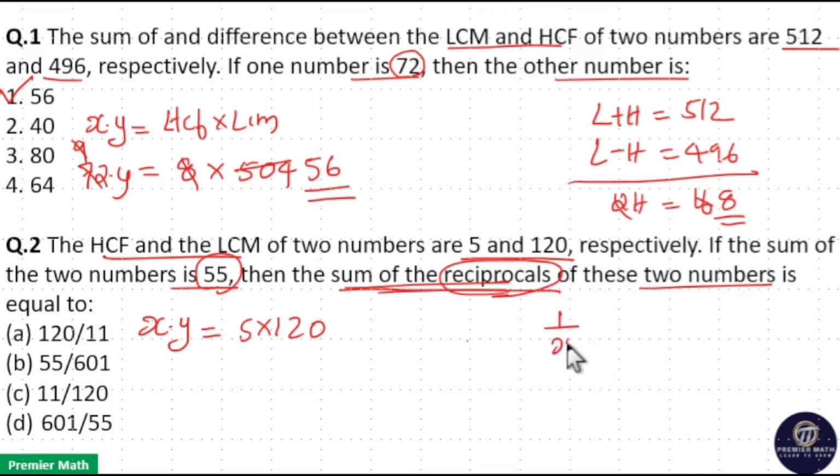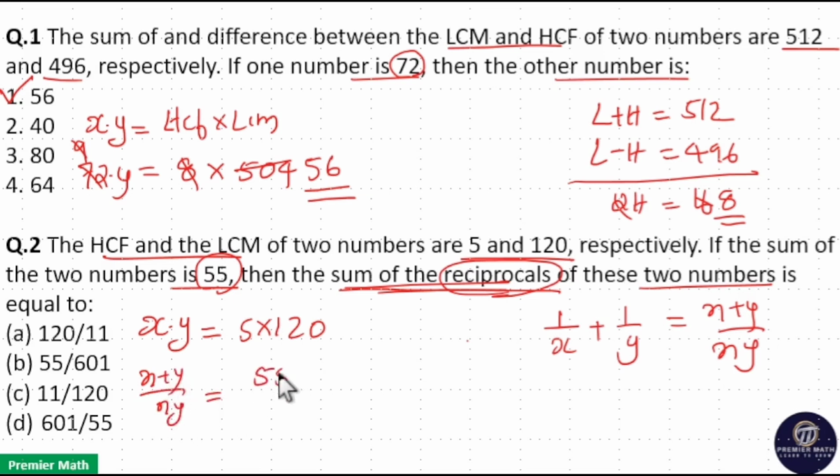So the reciprocals are 1 by x and 1 by y. The sum of reciprocals is equal to (x plus y) by xy. Now x plus y is 55 and xy is 5 into 120. 5 goes 11 times in 55. So 11 by 120, option C is your answer.